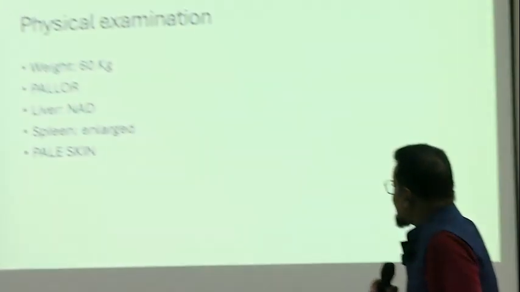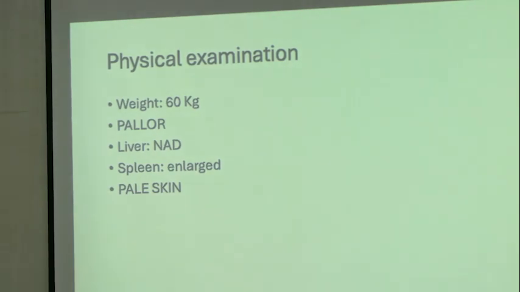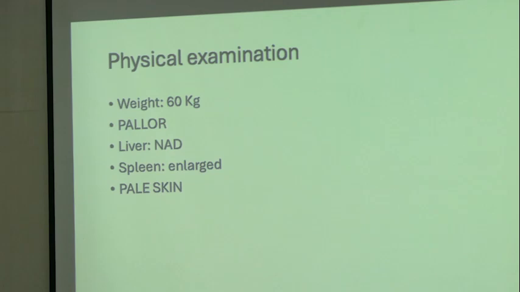Okay, another is pale skin. Paler here also. Skin is pale, so pale skin indicates low hemoglobin content. Okay, so these are the signs in physical examination. I saw, and also the uncontrolled gait is there.